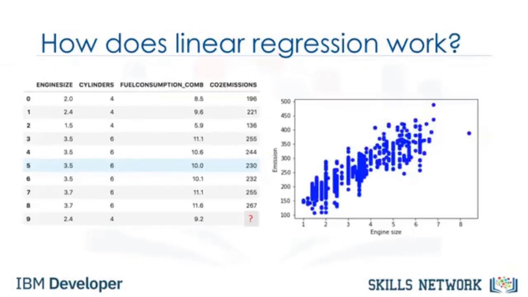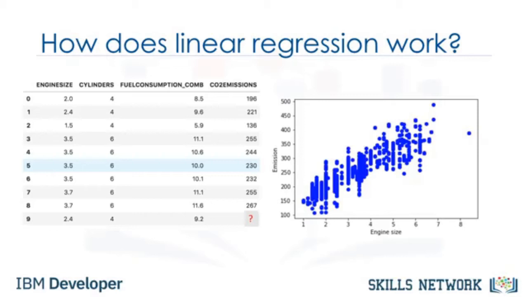Now let's see how linear regression works. So let's look at our data set again. To understand linear regression, we can plot variables here. We show engine size as an independent variable and emission as the target value that we would like to predict. A scatter plot clearly shows the relation between variables where changes in one variable explain or possibly cause changes in the other variable.